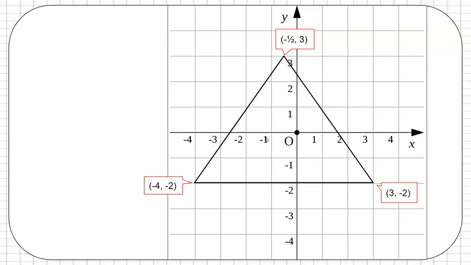Now, for our final example right here, we see that we have another triangle at the points negative 1/2, 3, negative 4, negative 2, and 3, negative 2.